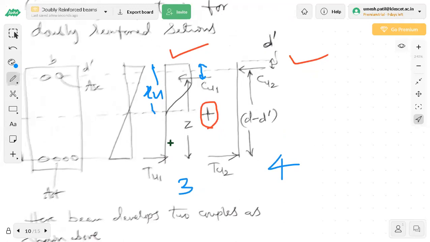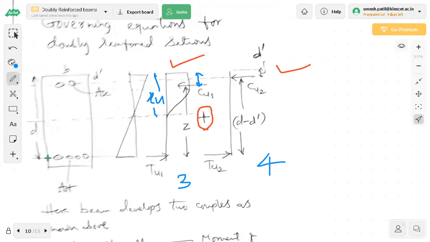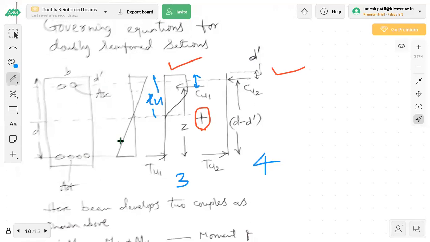d minus d dash means you observe this: total is d, and from that you subtract d dash. You will get d minus d dash, which is the distance between center of compression steel to center of tension steel. What is this lever arm here? The lever arm is d minus d dash, which is nothing but the distance between center of compression steel to center of tension steel.